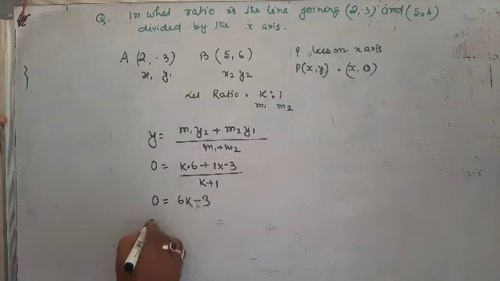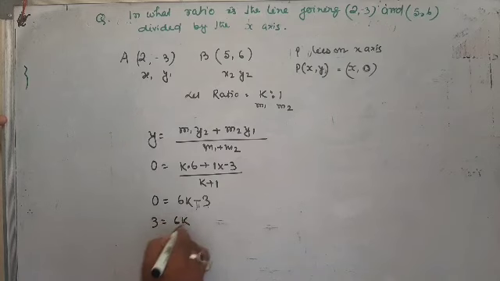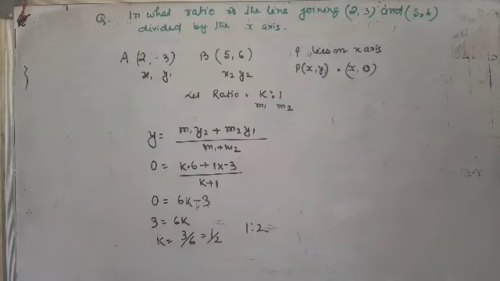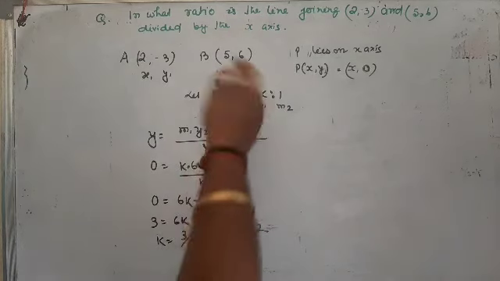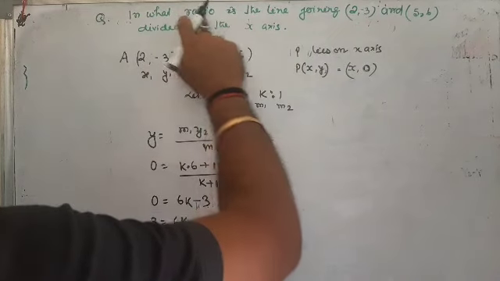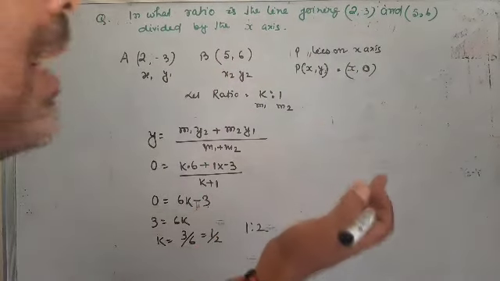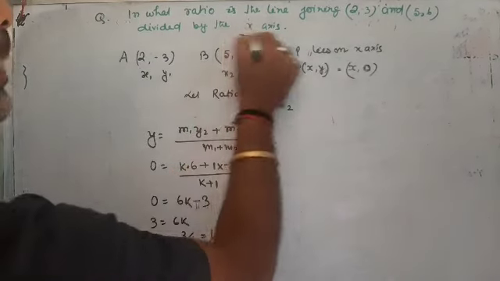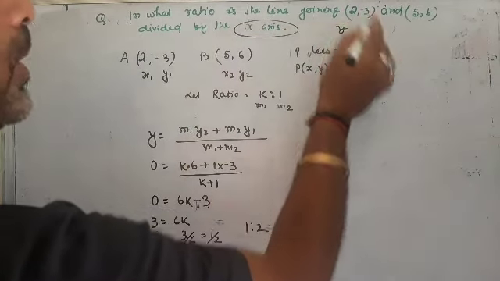So 3 goes this way, so plus 3 is equal to 6k, and k is equal to 3 by 6, that is 1 by 2. So the ratio is 1:2. So like this you find the value. Same case, suppose it is given like this: in what ratio is the line joining (2, -3) and (5, 6) divided by the y-axis? In place of the x-axis, if the y-axis is given, what do you do?